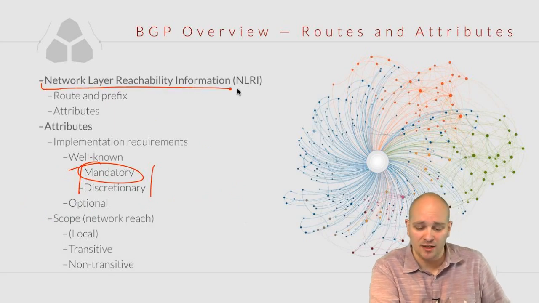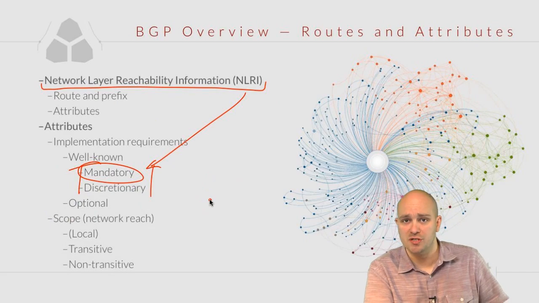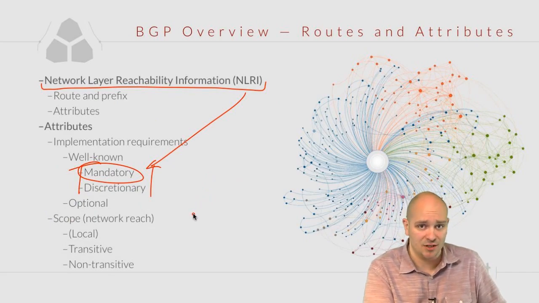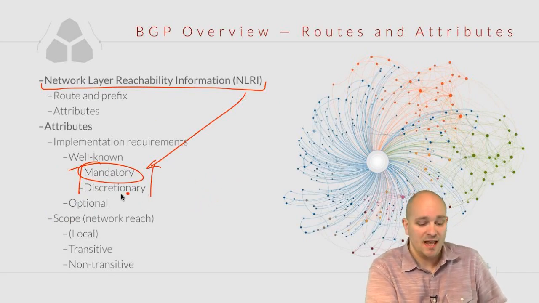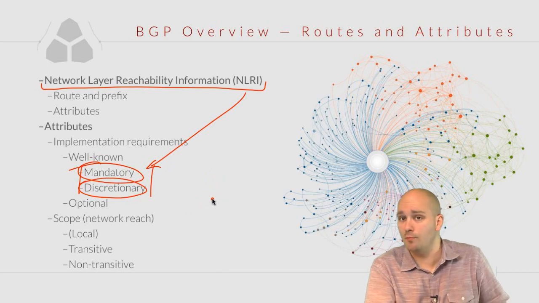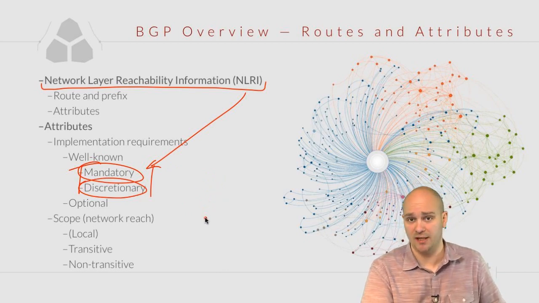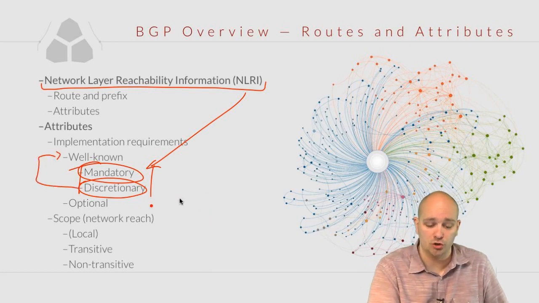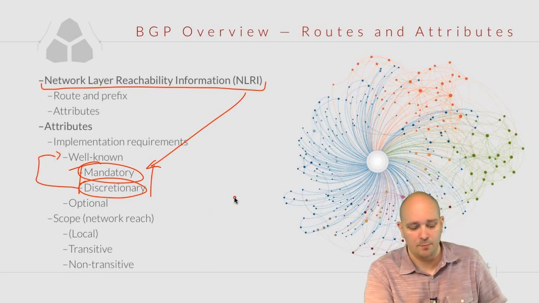So every network layer reachability information must carry with itself those well-known mandatory BGP attributes. The discretionary ones may or may not exist on a particular update, but every implementation needs to know what to do with them if they appear.